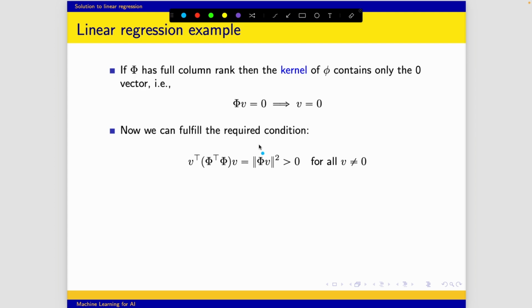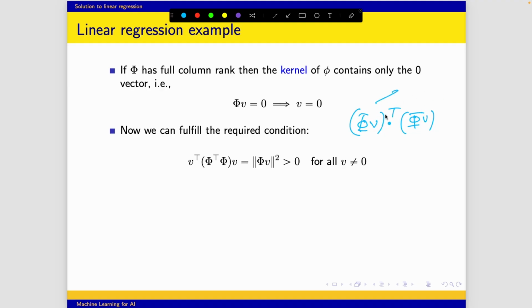Well, what is this? We can write this as phi v transpose times itself, phi v. So we've got the dot product of this vector, which results from the design matrix acting on a vector v, with itself.